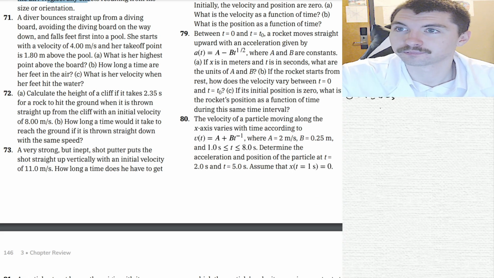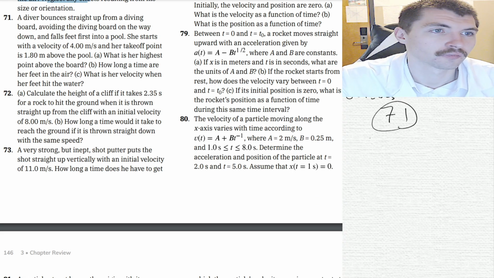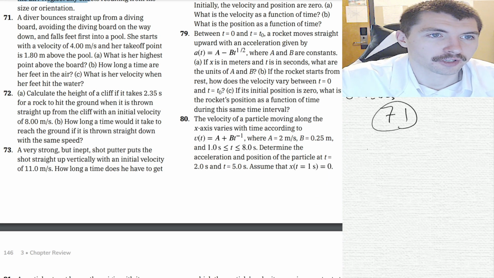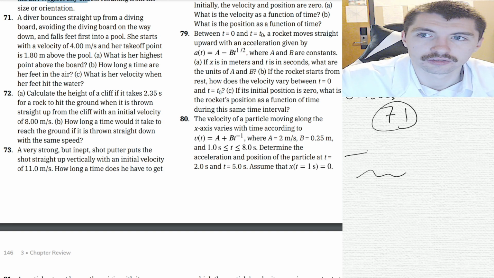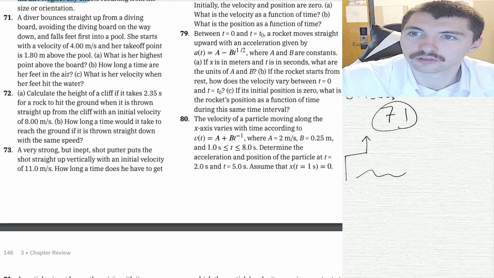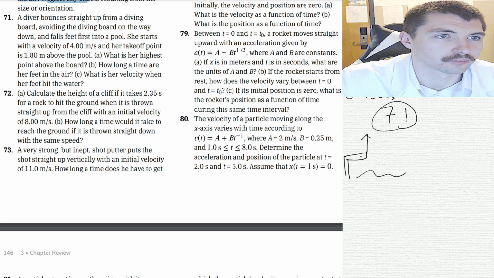Okay. A diver bounces straight up from a diving board. Diving board, we have water, straight up. Okay, so he's going to hit the diving board. That's not very smart. Oh, so he's avoiding it.